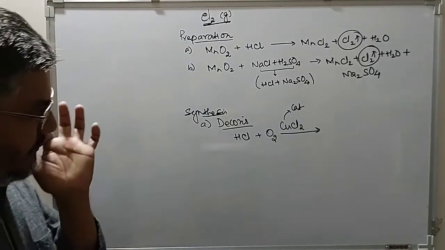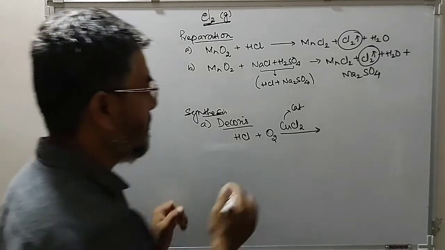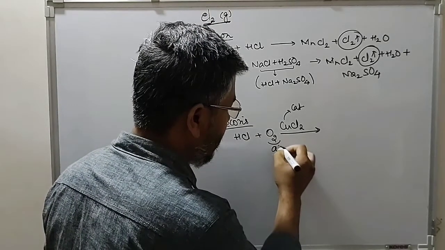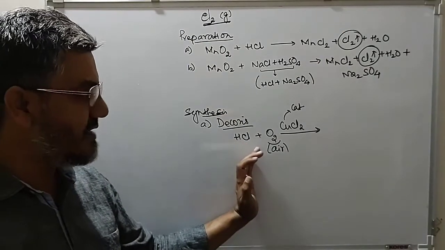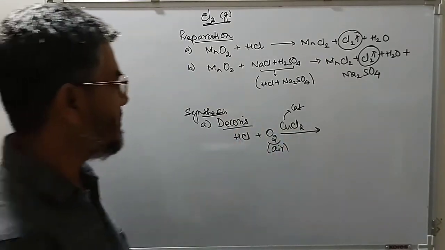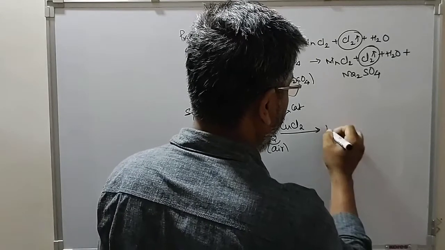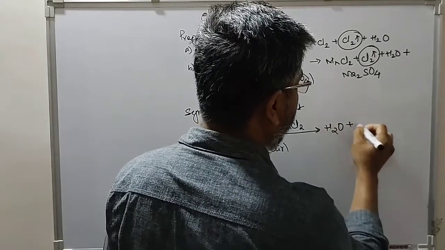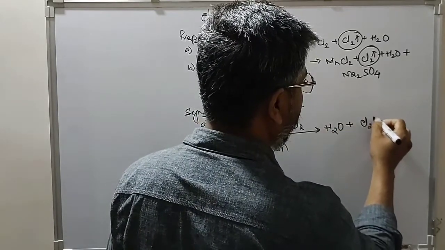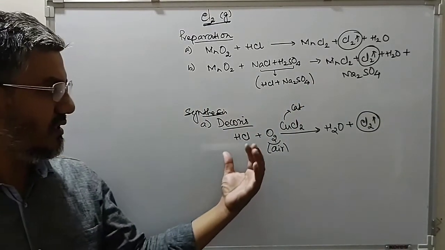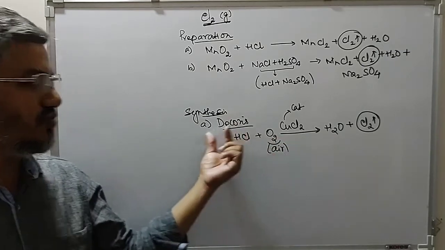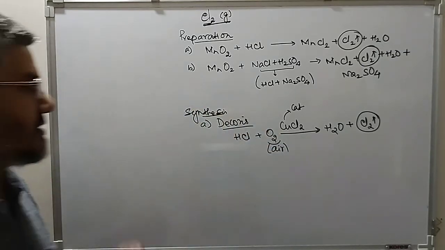So oxidation of HCl with air means aerial oxidation, in presence of oxygen gas and catalyst. This gives you H2O and Cl2 gas is formed. So commercially, on a large scale, chlorine gas is produced by Deacon's process.